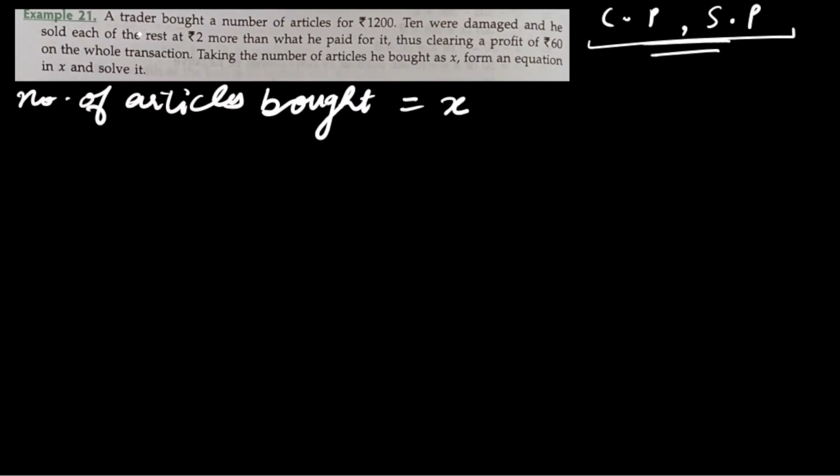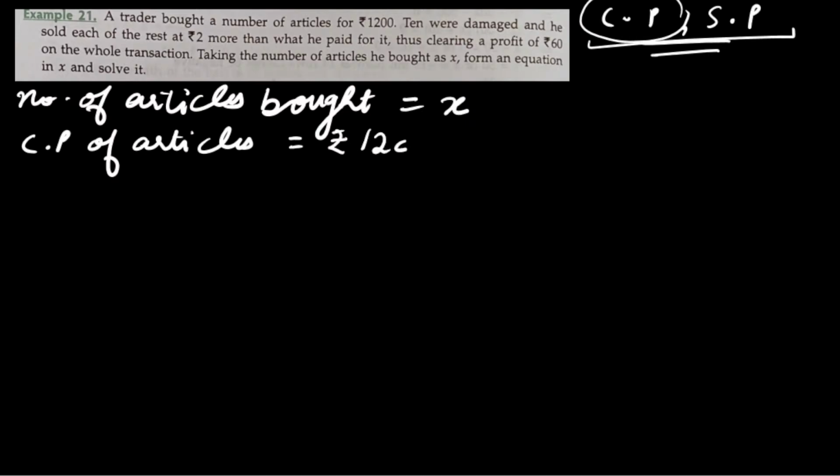So what is given to us? A trader bought a number of articles for 1200. So the buying price is given to us. Buying price means it's the cost price. The price at which the trader has purchased these articles is 1200. So I'll write: cost price of articles is equal to 1200.